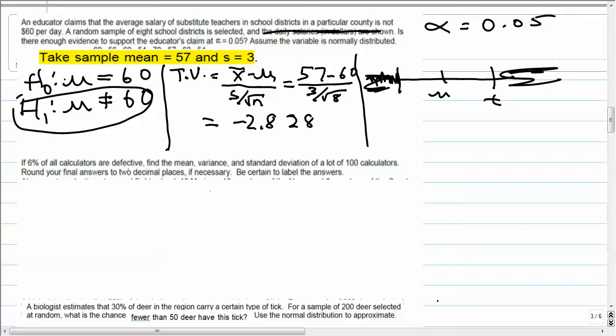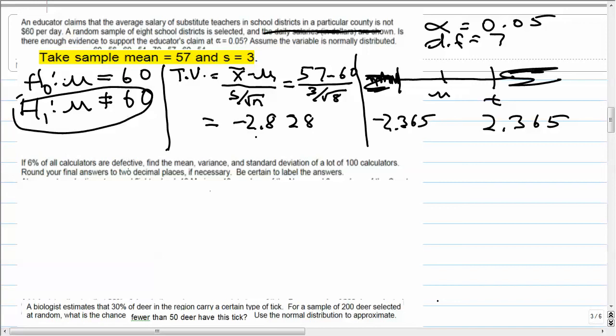So if you go to the table and you look up alpha for a two-tailed test, the degrees of freedom, we need that. Let me remind you what that is. The degrees of freedom is going to be one less than the sample size, so the degrees of freedom is 7. When you look this up in the table, you're going to get t is equal to 2.365 from the table. So over here, it's a negative 2.365.